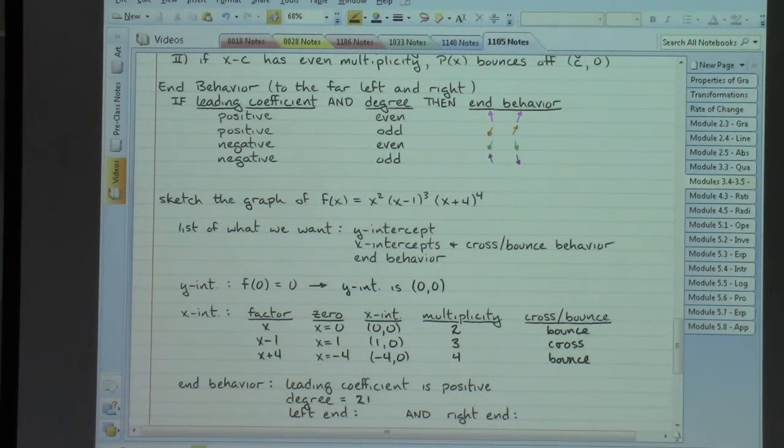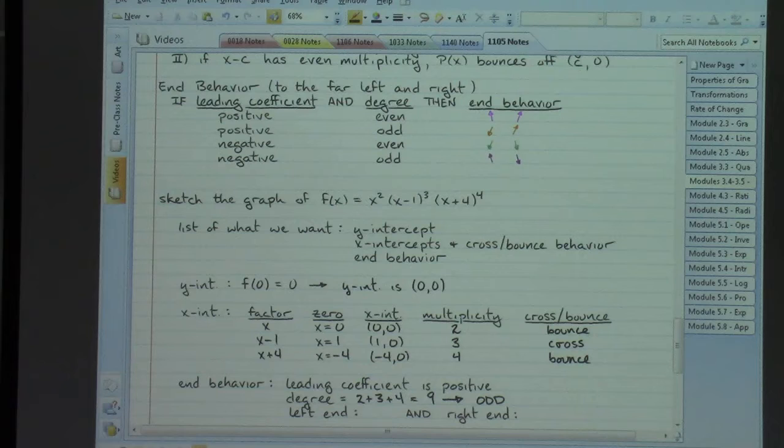So 2 plus 3 plus 4 is 9. 9 is odd. Since 9 is odd, if we go up to our chart, that would mean that we are looking at a positive leading coefficient, an odd degree. The left end will go down, the right end will go up.